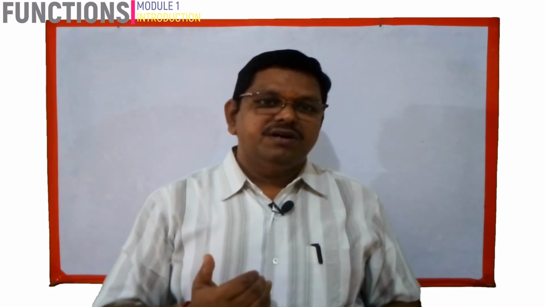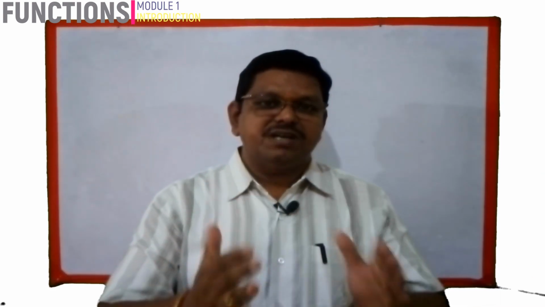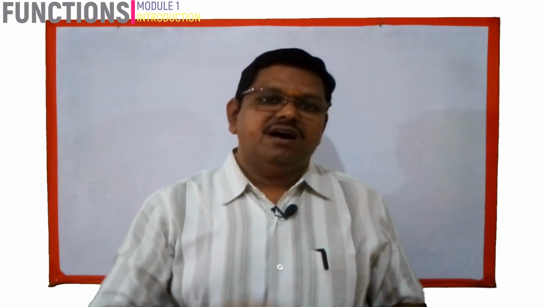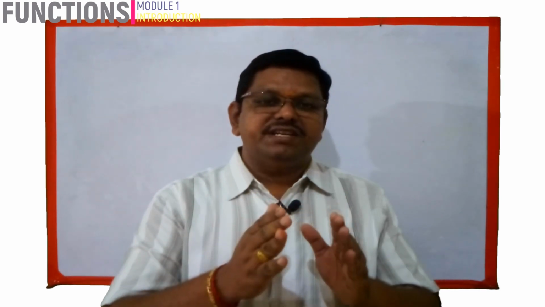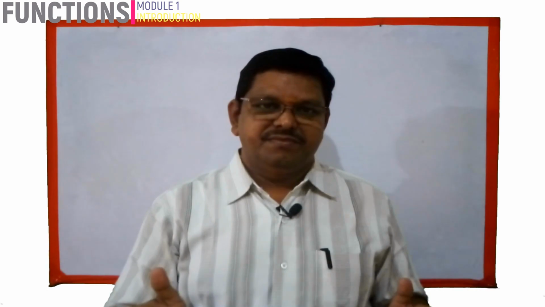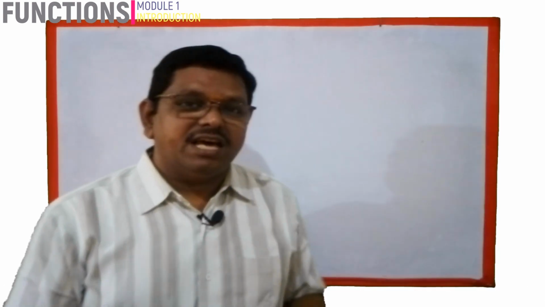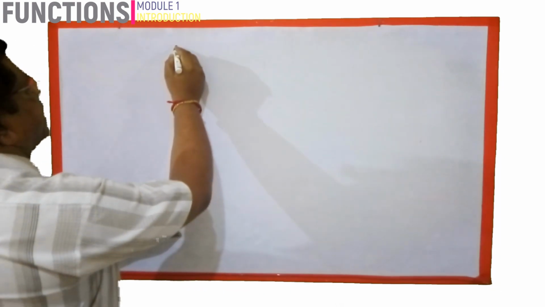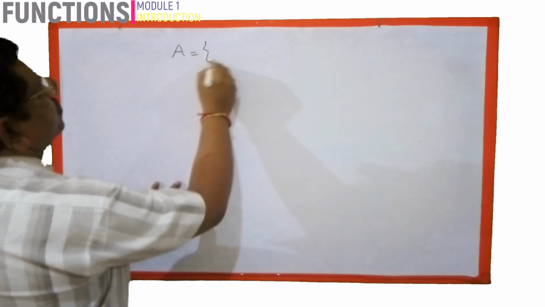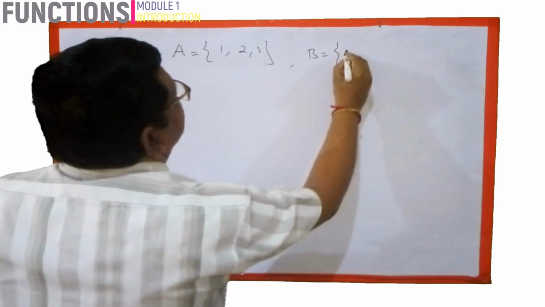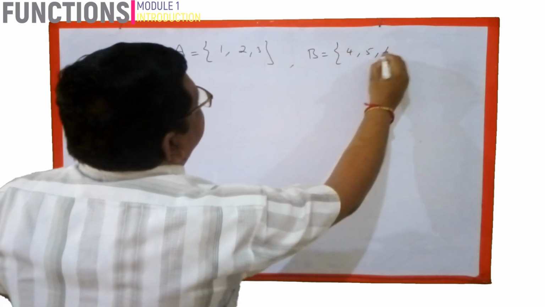Now the next important topic is function, which is also an operation or a rule associating the elements present in set A and set B. Let us explain function with the help of some examples. Let set A be the set {1, 2, 3} and set B be {4, 5, 6}.